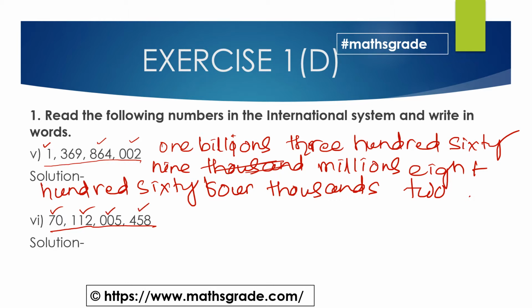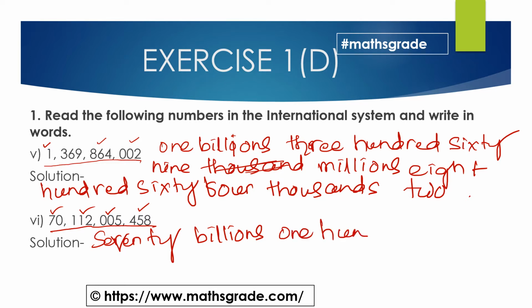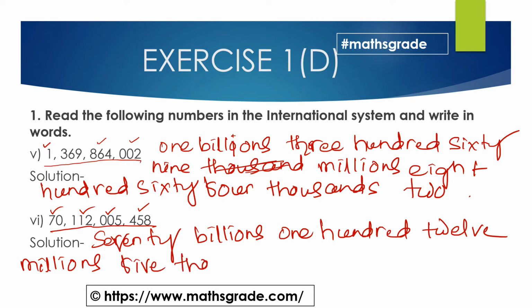So it will be 70 billion, 112 million, 5 thousand, 458.